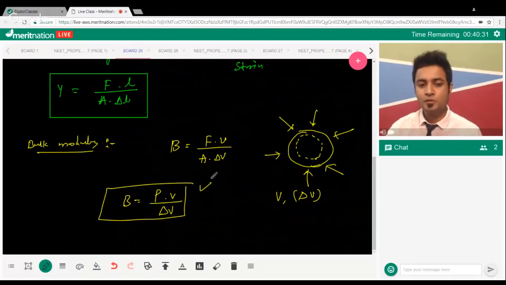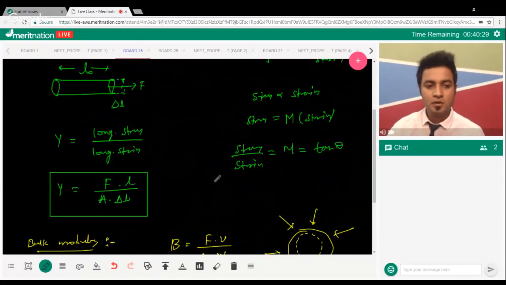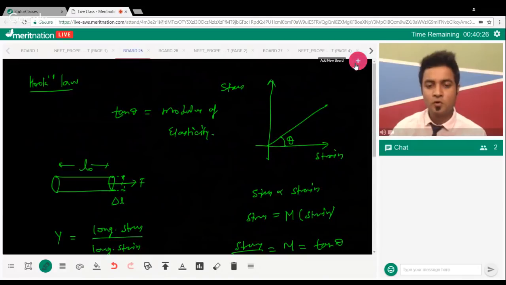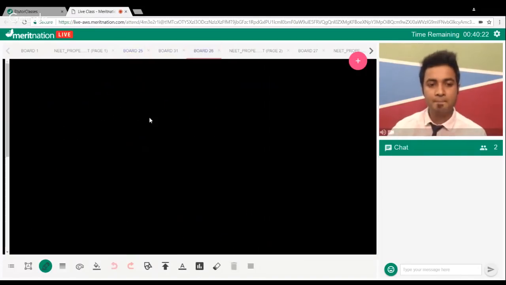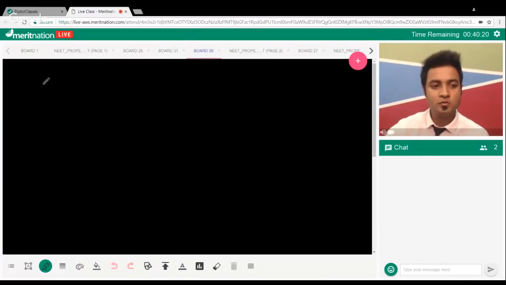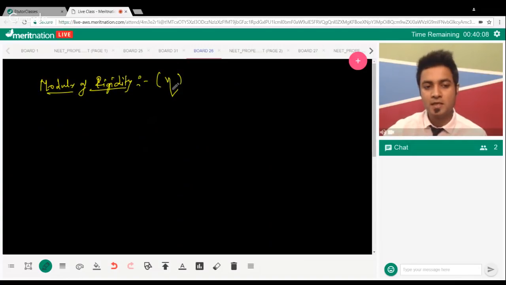Okay, so these are the few modulus, and one more modulus I need to discuss here, that is modulus of rigidity. Okay, modulus of rigidity, that I'm going to represent as eta.